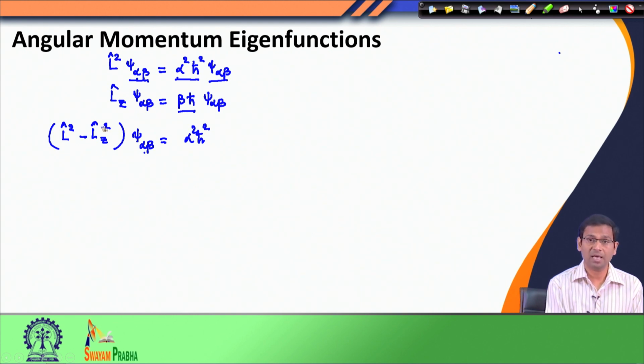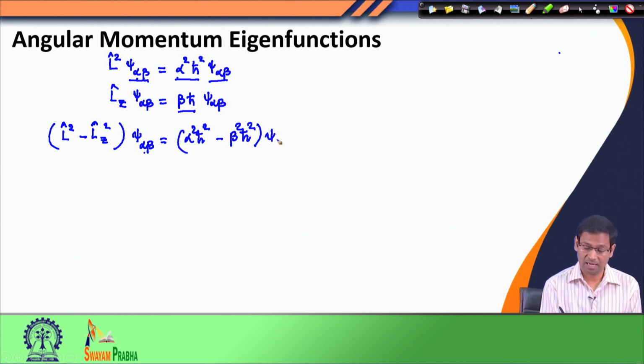So, when I apply Lz twice, I get beta square h bar square psi alpha beta. So psi alpha beta is also an eigenfunction of the L square minus Lz square operator, and the eigenvalue is alpha square h bar square minus beta square h bar square.